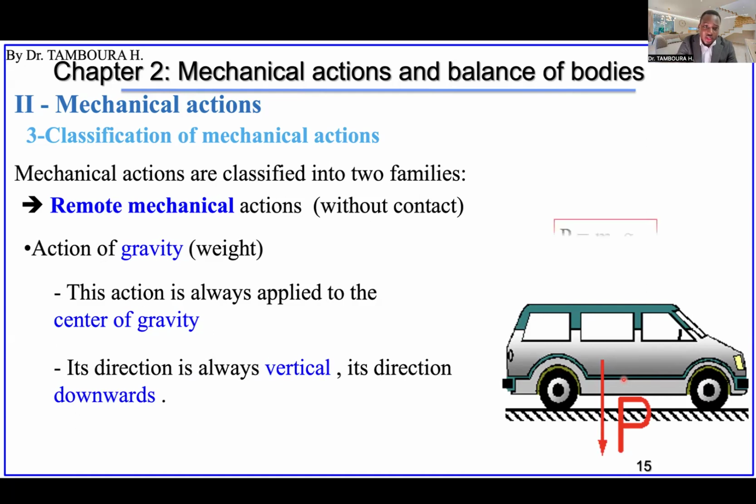Another type. The weight P here is in Newton. If you have your mass in kilogram, you apply this constant of gravity, 9.81. Some people take it as 10, but I think 9.81 is the most appropriate value for this.